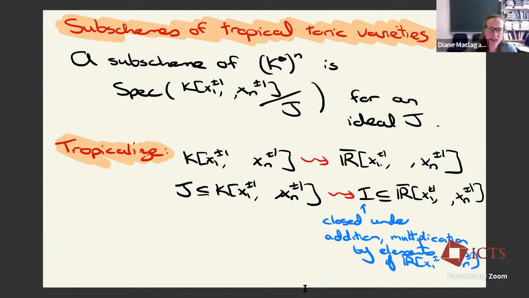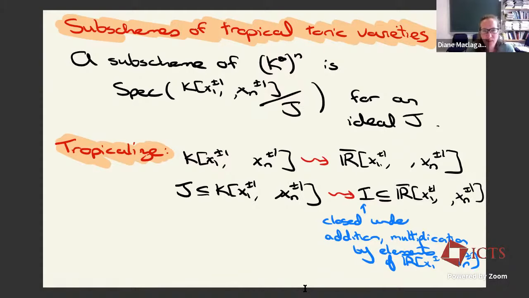But let's come back to thinking about what we mean. For the next few slides, we're just going to think about affine schemes. We're going to have a subscheme of the algebraic torus, given by spec of the quotient of the Laurent polynomial ring by some ideal J. This is where the tie-in with the previous question about nilpotents comes in.